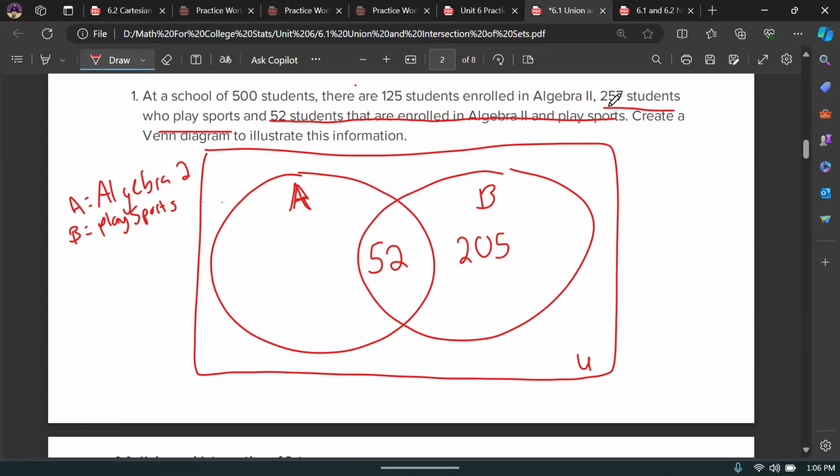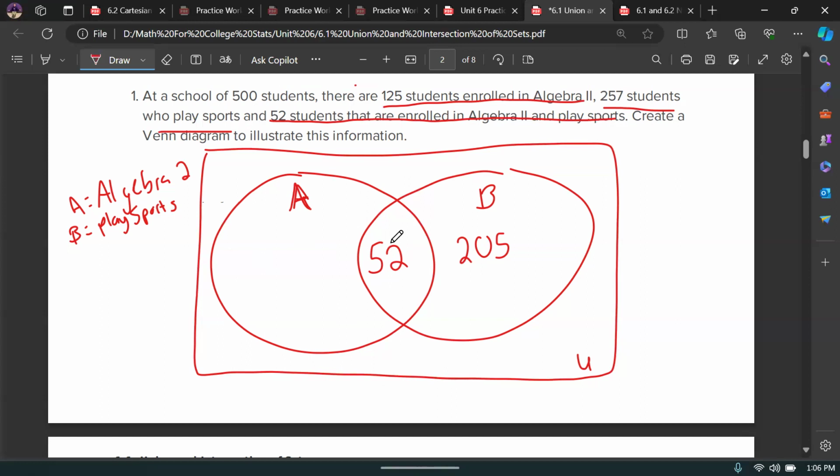So keep in mind, this 257 students who play sports is not exclusive to sports. There is that overlap where some of the 257 students who play sports are also the ones who are enrolled in Algebra 2. So again, that's the overlap. That's where people tend to make their mistakes. We're going to do the same thing with A. So A, we have 125 students enrolled in Algebra 2, 125 in total, but we already have accounted for 52 of them.